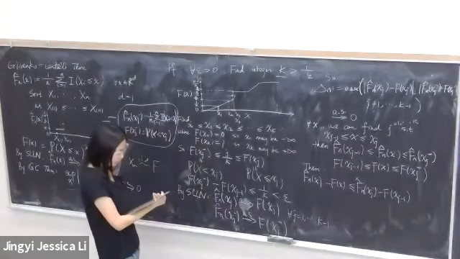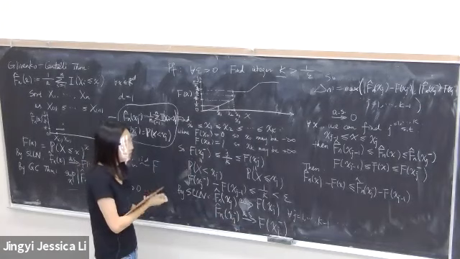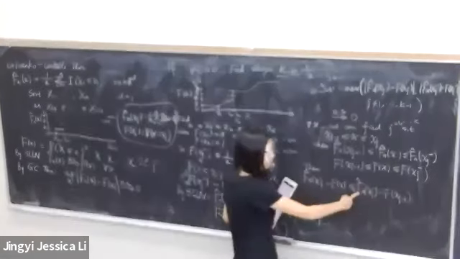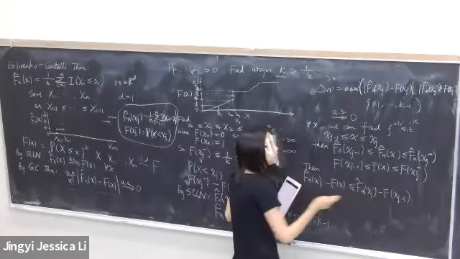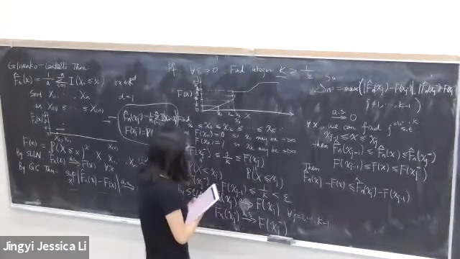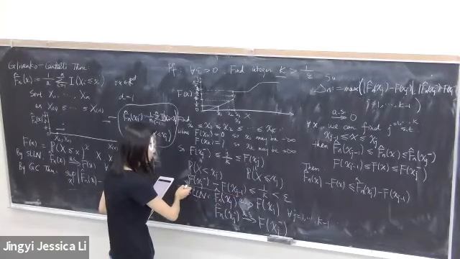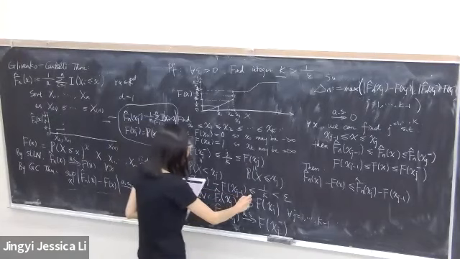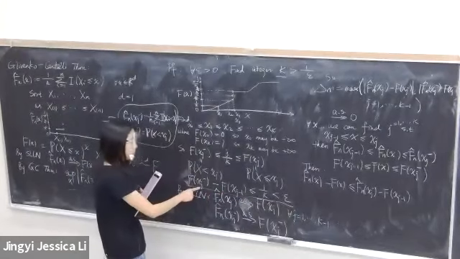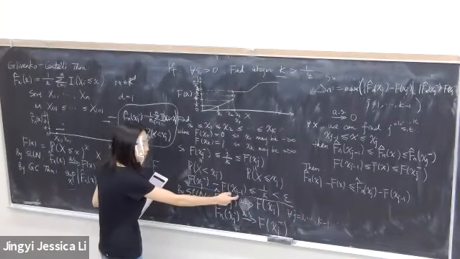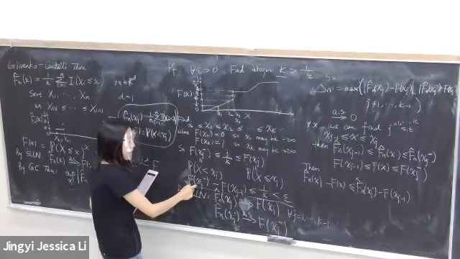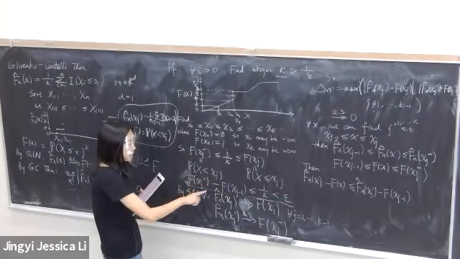But what I'm still having here is F_n hat and F, but their arguments are not matched. How do I deal with that? I need to use this interesting relationship between F(x_{j minus 1}) and F(xj minus).